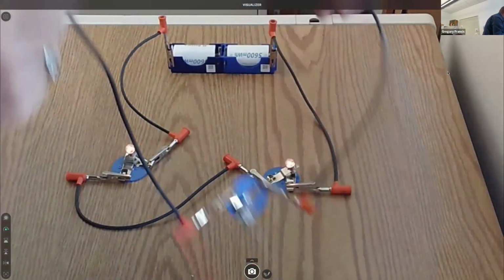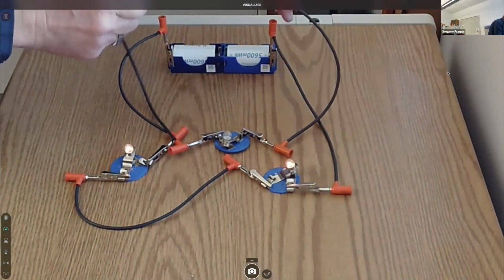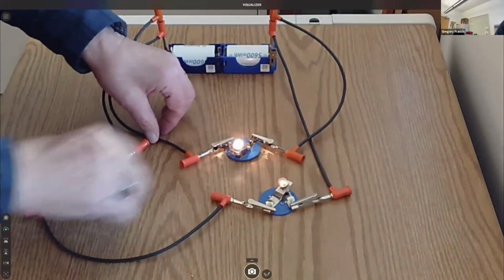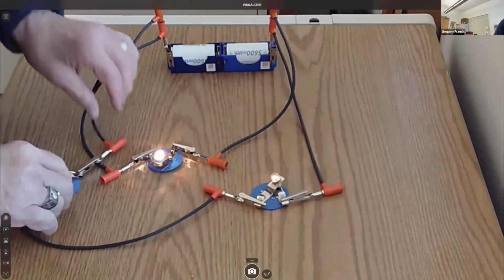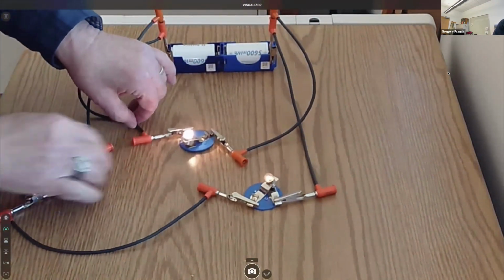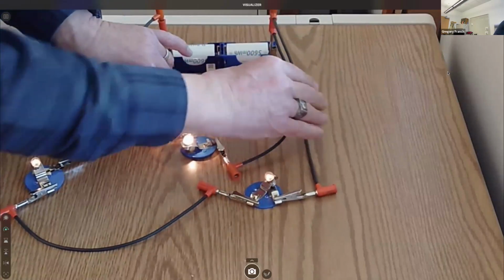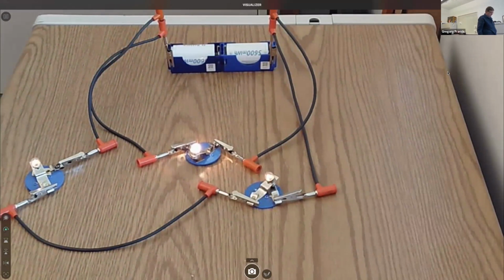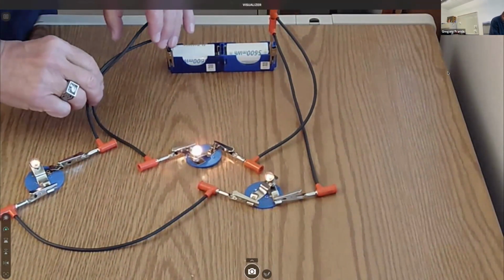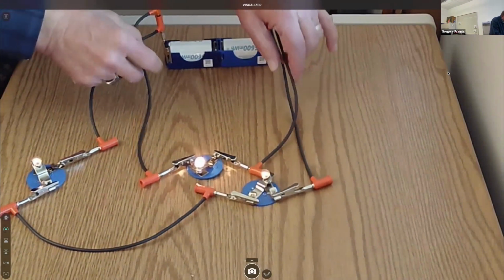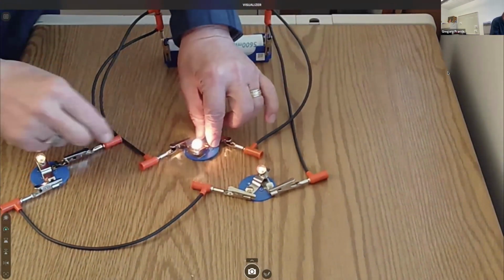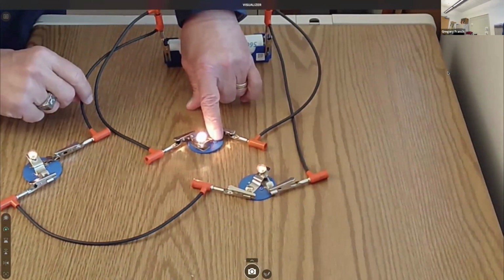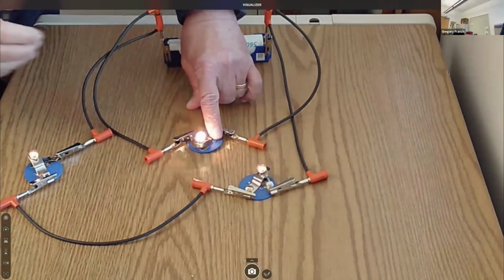Let's do this one where I have... okay. In this experiment, we have one branch that has a single bulb on it and a second branch that has two bulbs in series.